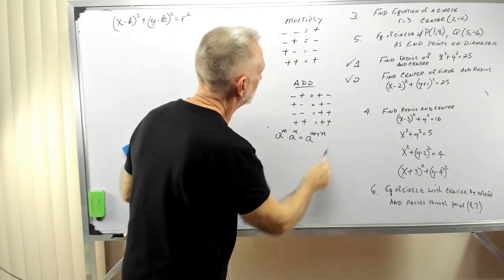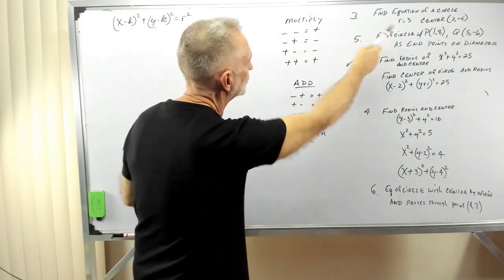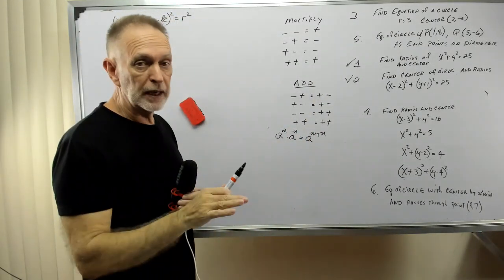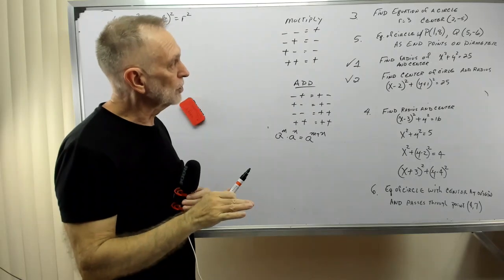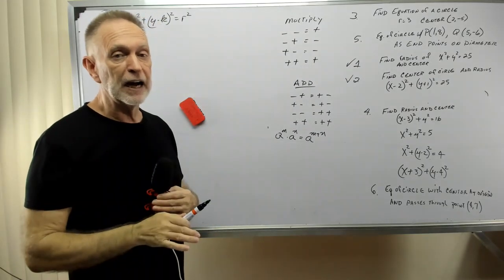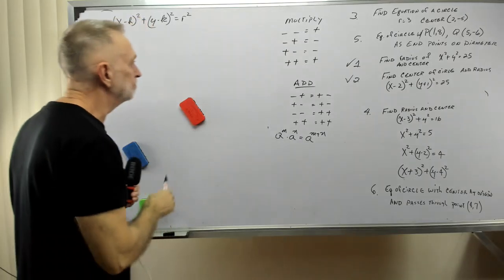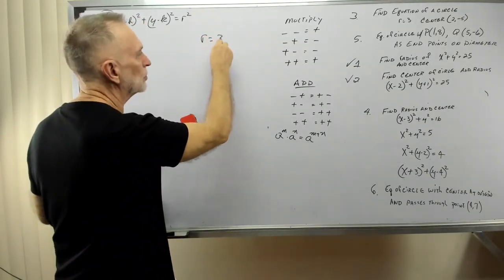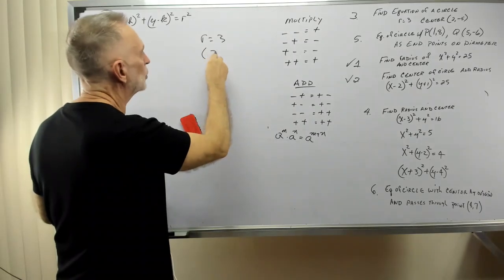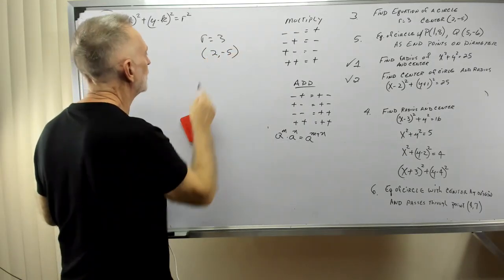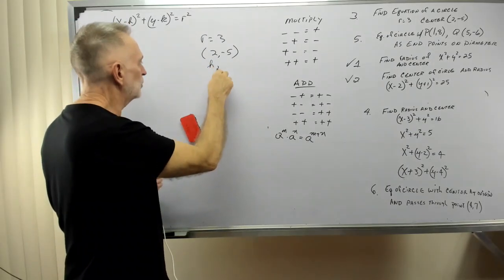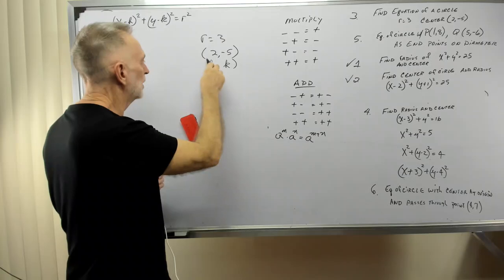That's number 2. Number 3, find the equation of the circle if the radius equals 3 and the center is 2, negative 5. What does it mean? All right, so radius equals 3, and then we have 2, negative 5. The center of the circle, that's h and k.